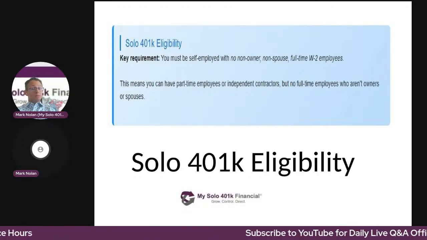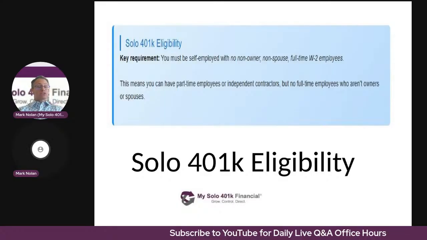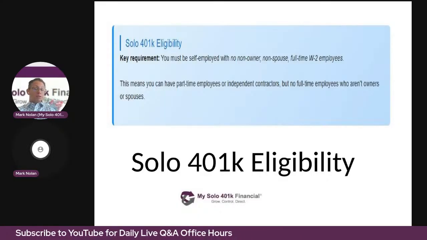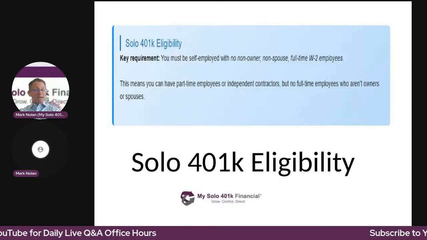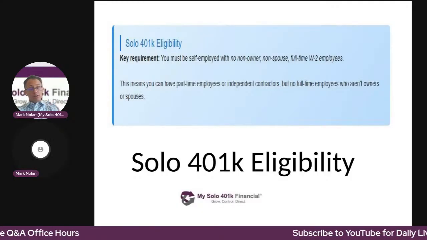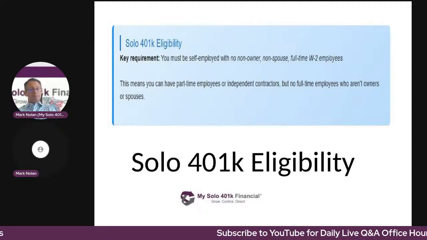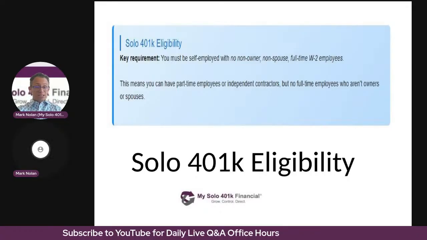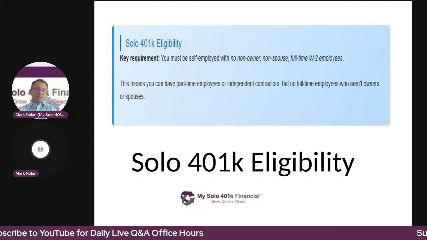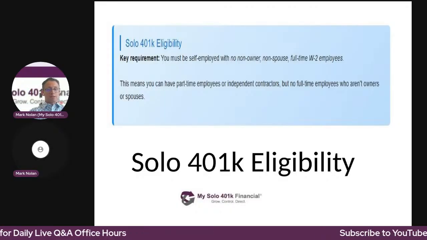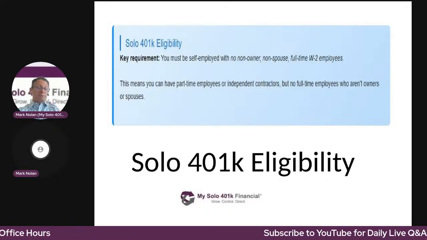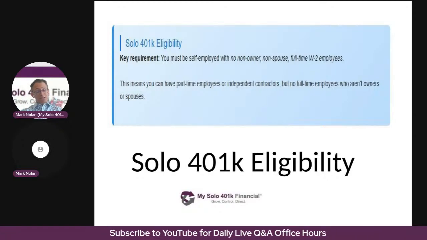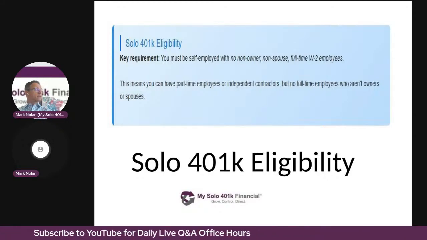You can exclude anyone who's under age 21. Therefore, if you employ anyone under age 21, even if they work 1,000 hours or more, you can still open a solo 401k plan. If your business is an S corp or LLC taxed as an S corp, for example, or taxed as any other entity type, and if that business employs contractors, then you can exclude contractors from the plan as well.